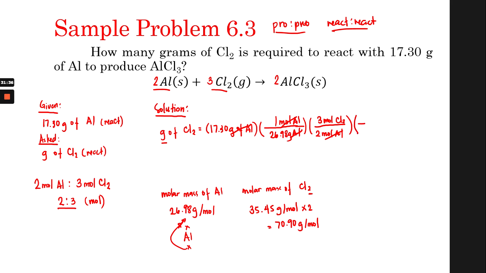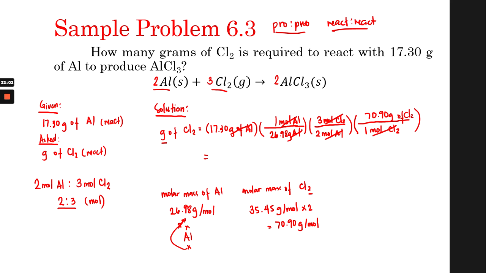So meaning in every 1 mole of Cl2, you have about 70.90 grams of Cl2. So the moles of Cl2 gets cancelled.